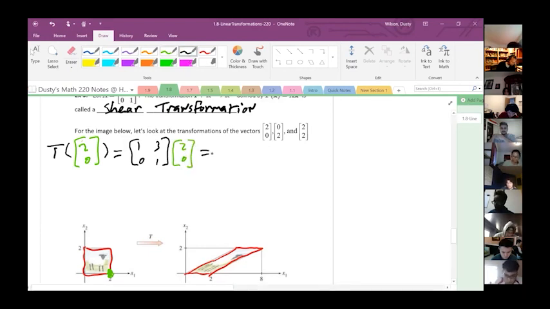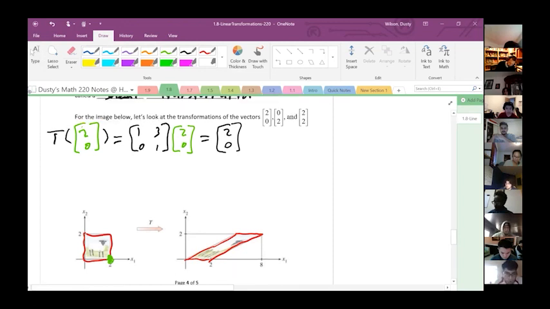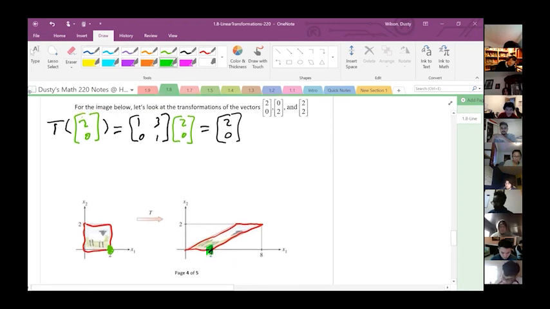And you're going to get out 1 times 2 plus 3 times 0, or 2, and 0 again. And so you're still going to be there, green spot still under the transformation.